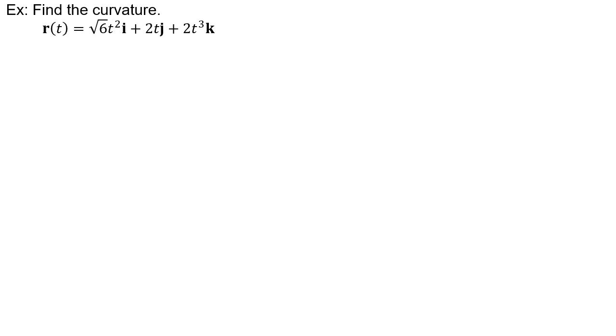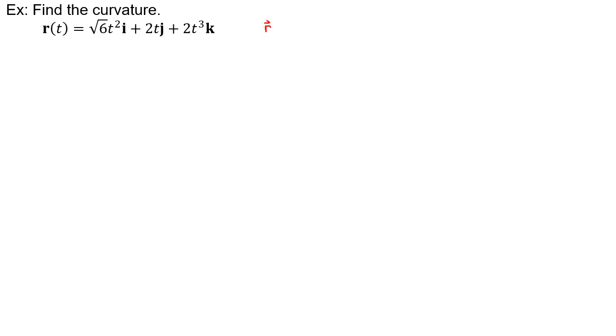So let's find the curvature. If I'm given a vector r as root 6 t squared i plus 2t j plus 2t cubed k, what I could do is use the formula where I do the cross product and then divide by the magnitude cubed. To do that, I have to first find my derivatives.